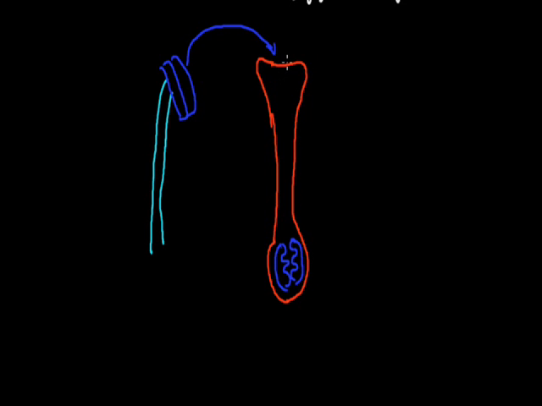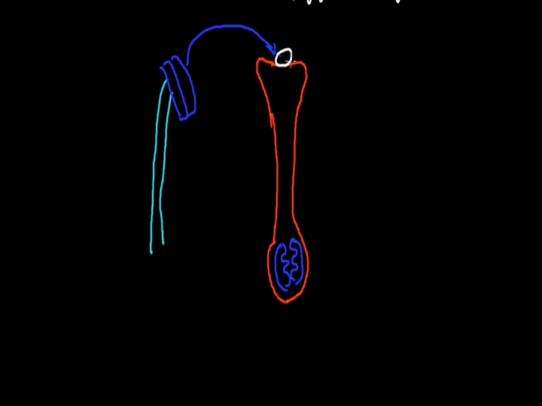Now when the pollen grain reaches the stigma of the flower, a pollen tube is developed from the pollen grain. This is a pollen grain.